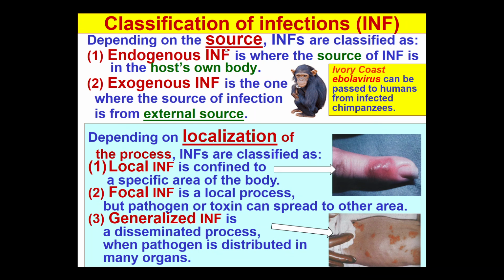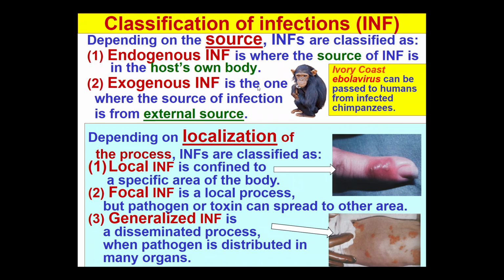Classification of infections depending on the source of infections are classified as endogenous and exogenous infection. Endogenous infection is where the source of infection is the host's own body. For example, in our body occur Candida albicans, and if this Candida colonizes the tissues and causes disease, this would be a typical endogenous infection.